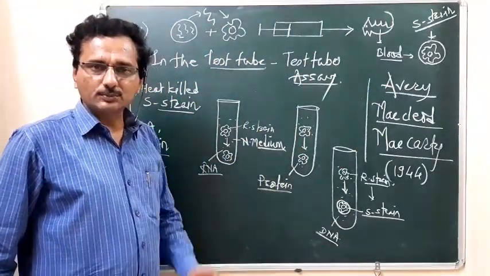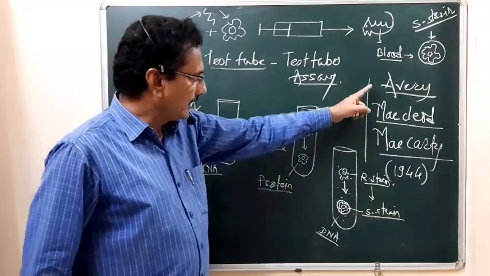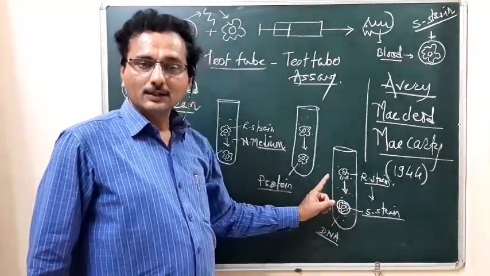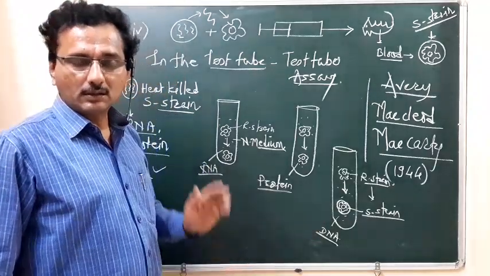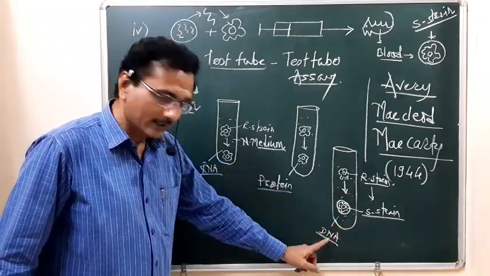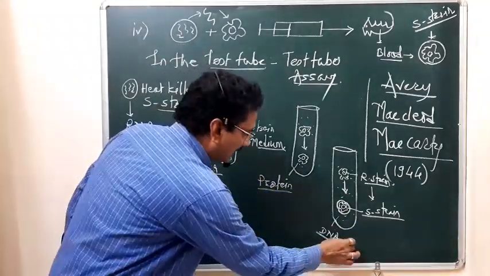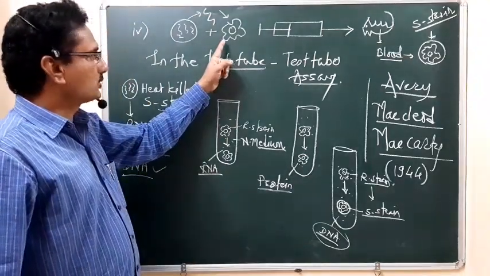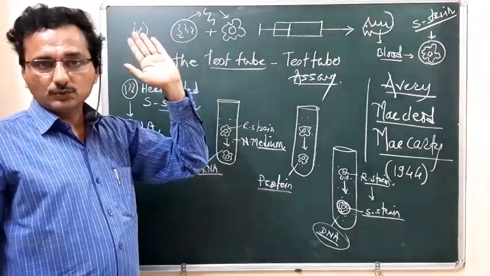So, on the basis of this, the scientists Avery, MacLeod, and McCarty concluded what the transforming principle is. The transforming principle is DNA, because in the presence of DNA, the rough strain is converted into smooth strain.